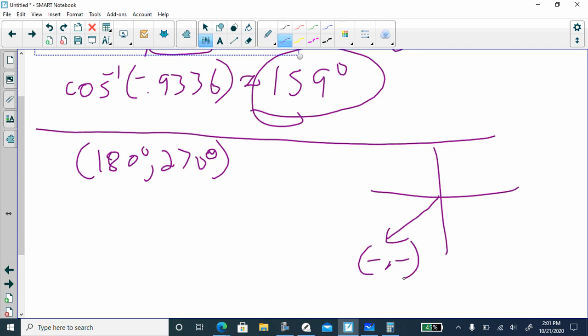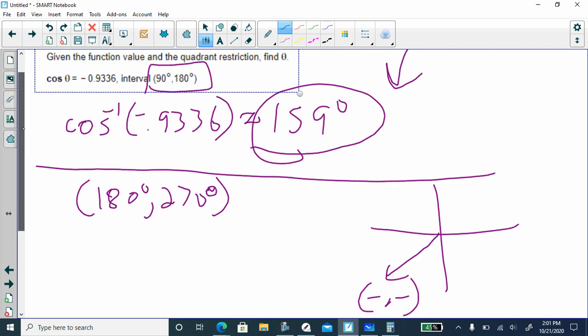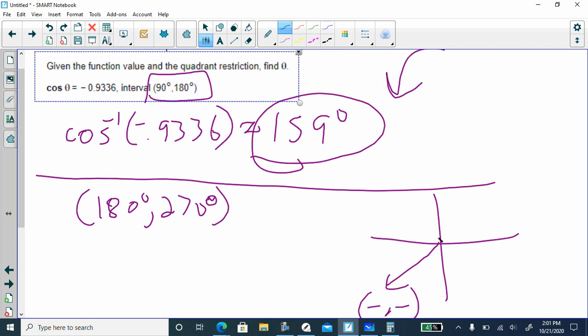Cosine is related to the x-coordinate, so if x is negative, so is cosine. So 159 is in this direction.